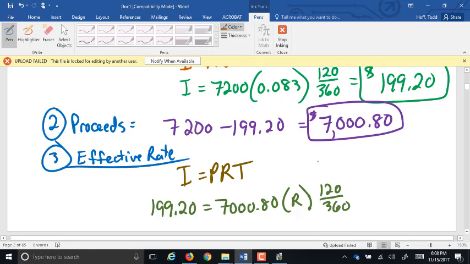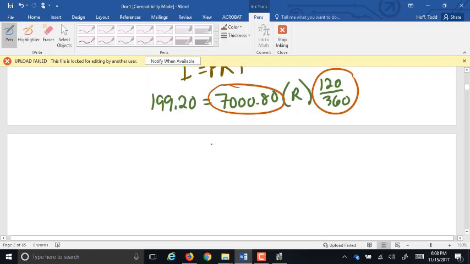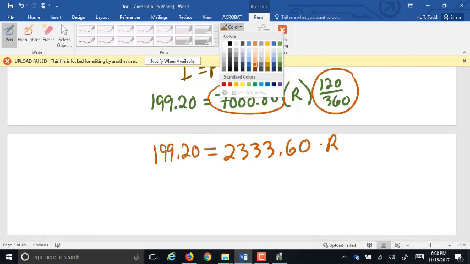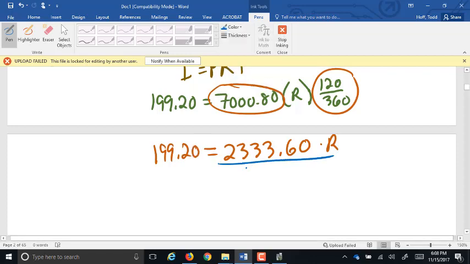So our first step, we need to combine the $7,000.80 with the 120 over 360, which is going to give us 2333.60. Is that correct? Yeah. Times R. We will divide.